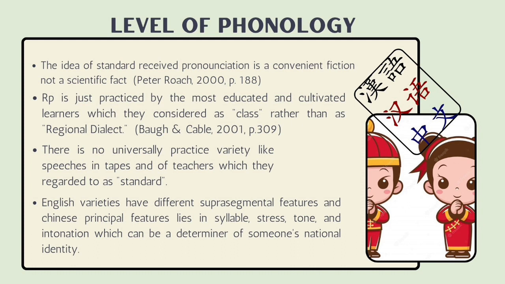There is no universally practiced variety, like speeches and tapes, and teachers, which they regard as standard. English varieties have different suprasegmental features, and the principal features of Chinese lie in syllable, stress, tone, and intonation, which can be a determiner of someone's national identity.